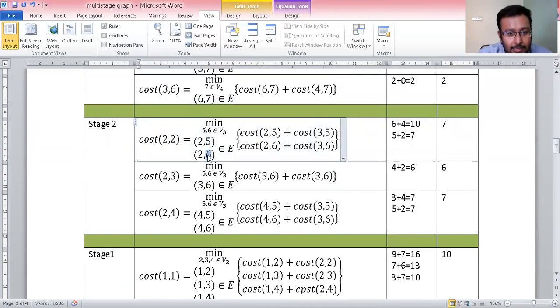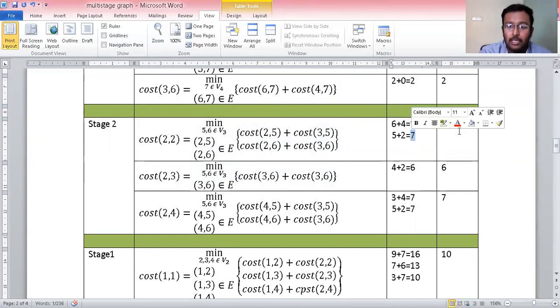Why did you take 6? Because for the edge 2 to 5, I got a cost of 10, and for 2 to 6, I got 7. So 7 was the minimum, so I took the vertex 6 from 2 to 6.